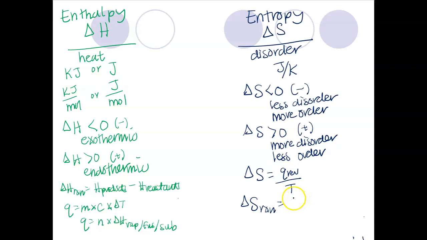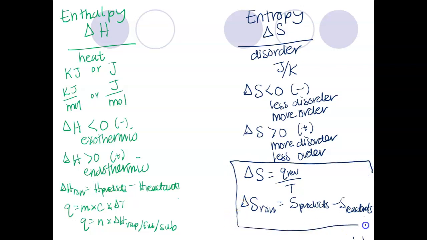So I'm just going to reword that to products minus reactants, because the final are the products, and the initial are the reactants. So those are the equations we have so far to solve for delta S, and these are the equations we have so far to solve for delta H. Okay, so I keep writing this down.